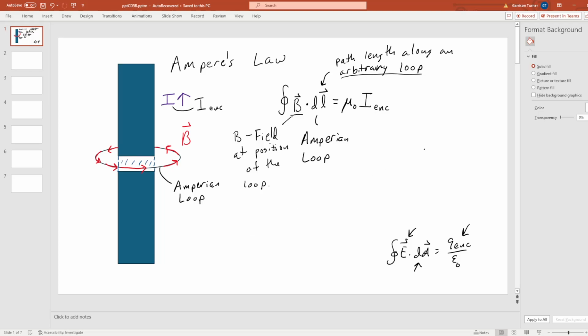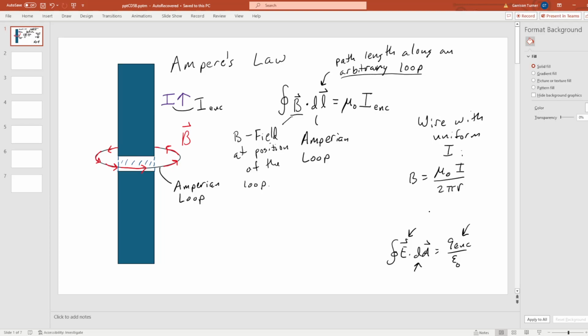Now, from the Biot-Savart law, we already know that for a single straight wire with uniform current, the magnetic field is given by mu naught I over 2 pi r, where r is the distance from the axis of the wire.